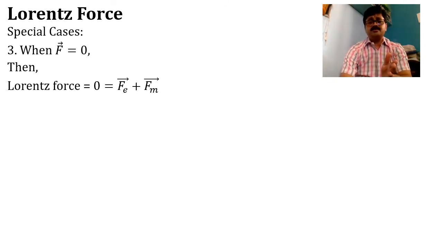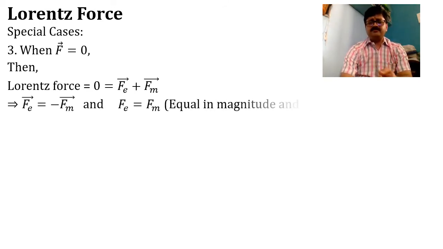So because of that reason, Fe plus Fm is equal to 0 here. Thus, we can say that vector Fe is equal in magnitude and opposite in direction to magnetic force. So very clearly we can see that magnetic force and electric force, both of them are equal in magnitude, but they are opposite in direction.